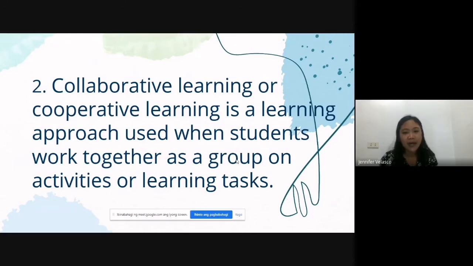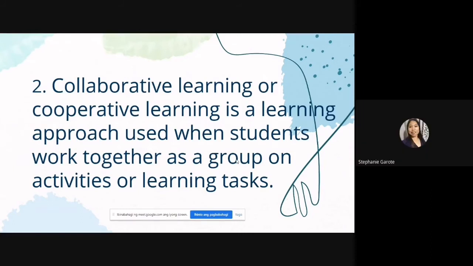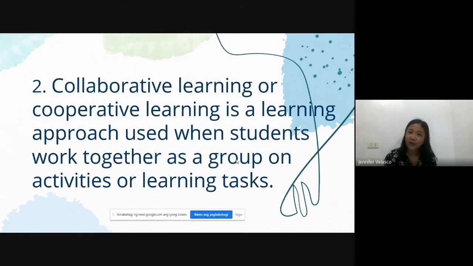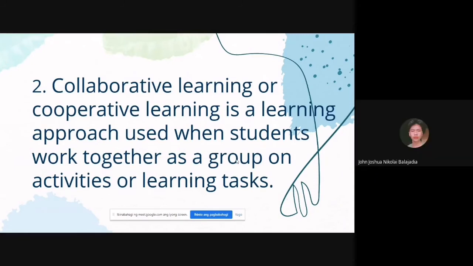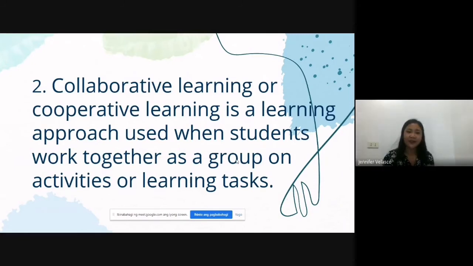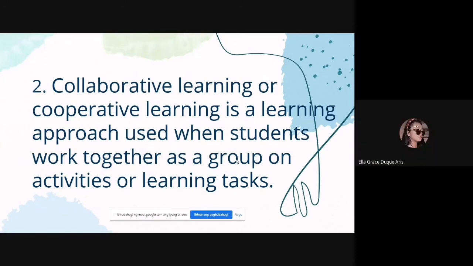Okay? How about the reward, Stephanie? Cooperative learning, ma'am. Yes, or cooperative learning. What's the clue? Or, ma'am. Very good. So we now have the term and the reward. What is the class, Ella? The class is a learning approach used.